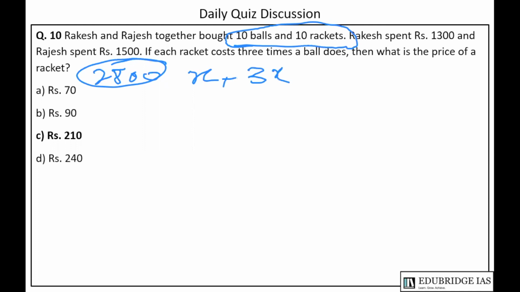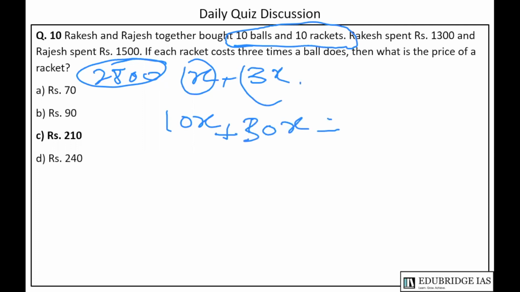From these assumptions, the total cost of the balls will be 10x. The total cost of rackets will be 30x. If we add these two, we will get 2800, which is the total expenditure by Rakesh and Rajesh.